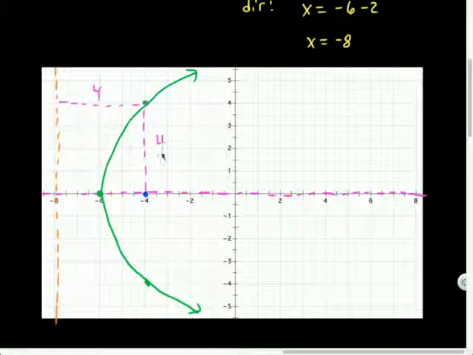Technically, if you want a way to do that, it's 2p. Because p is this distance here, right? This was p, this was -p. So I just found the distance the whole way across from directrix to focus, and then I went that far in both of those directions. Those are the easiest points to graph.